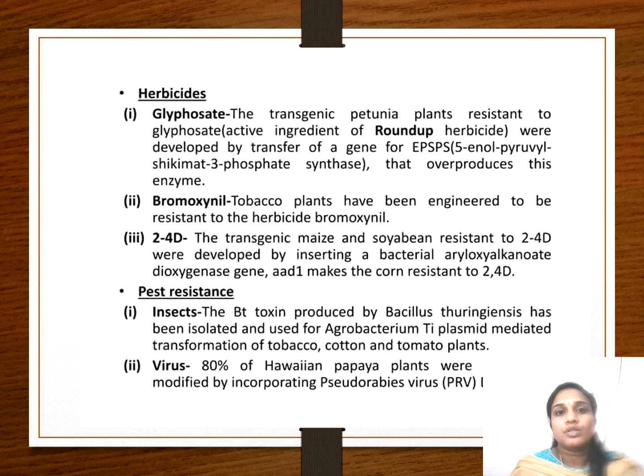Herbicides: glyphosate resistant petunia plants were developed by transfer of the gene for EPSPS, that is 5-enolpyruvylshikimate-3-phosphate synthase, which overproduces this enzyme. Bromoxynil: tobacco plants have been engineered to be resistant to the herbicide bromoxynil.